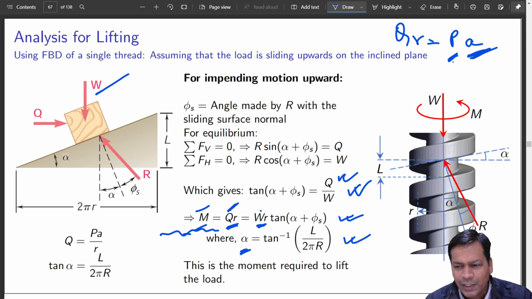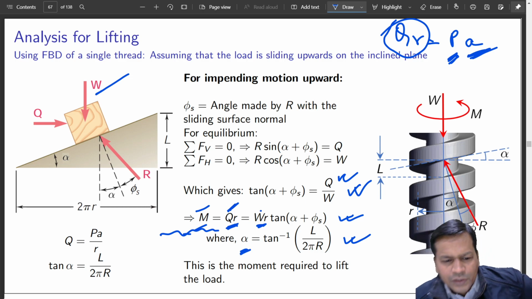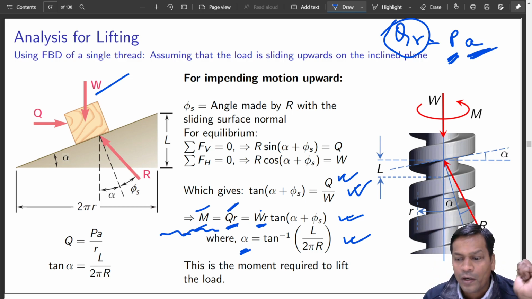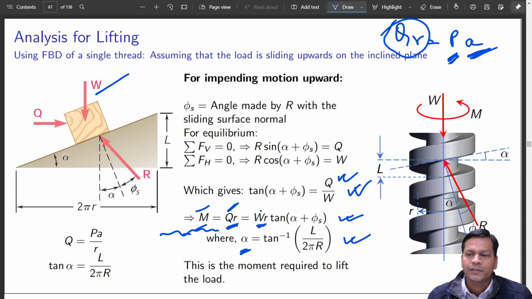Okay, this is an external load. r normally will be given also in your question. Okay, so that is the dimension of your thread. So this is how it is the analysis for lifting of the load. Okay, assuming that the load is sliding upward on this inclined plane. So this is the way we analyze things. Okay, so now going to the, yes, yes, please.